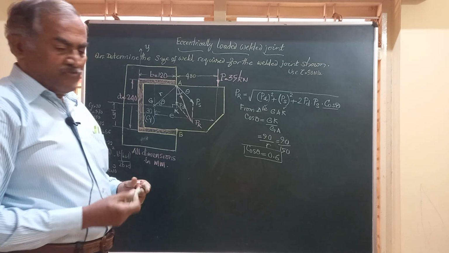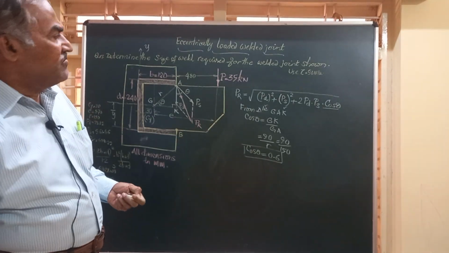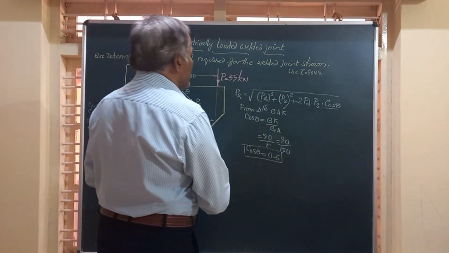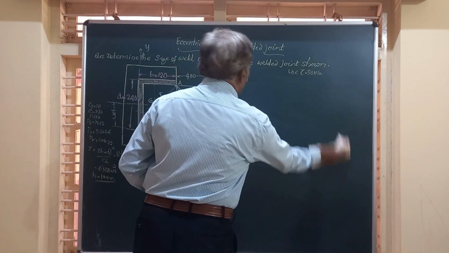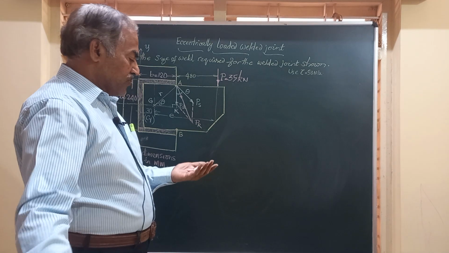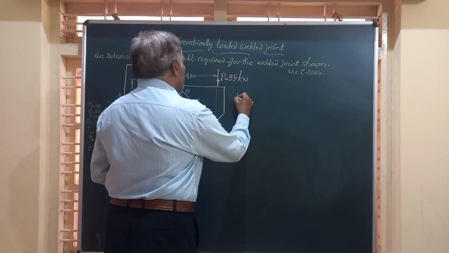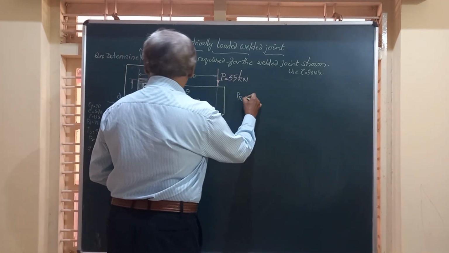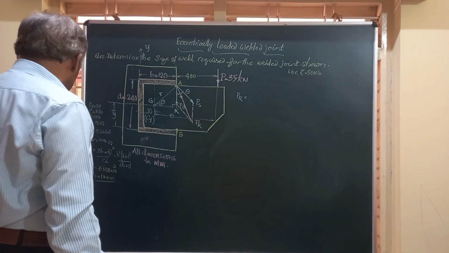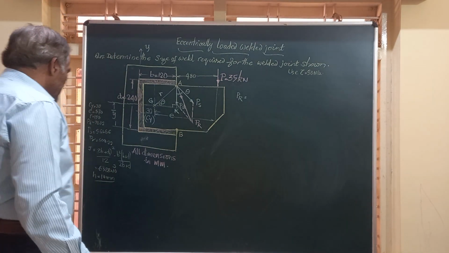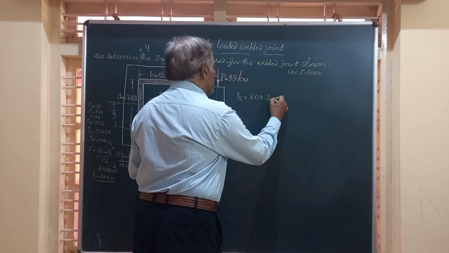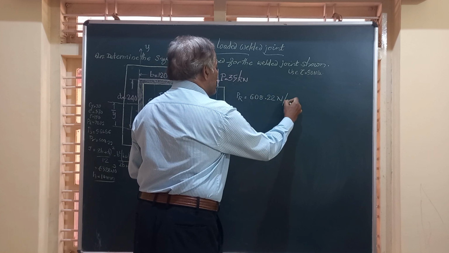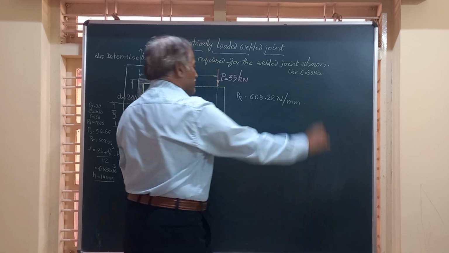Friends, we know all the values of PD, PS, cos theta. You can substitute and find out the value of the resultant load PR. And this PR works out to 608.22, and the units of this are again Newton per mm.